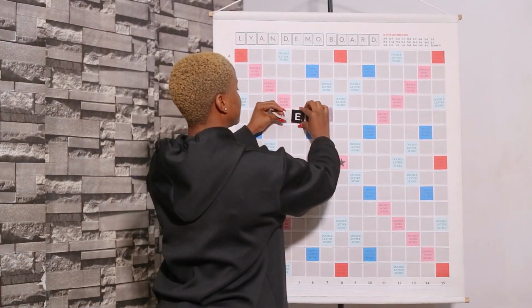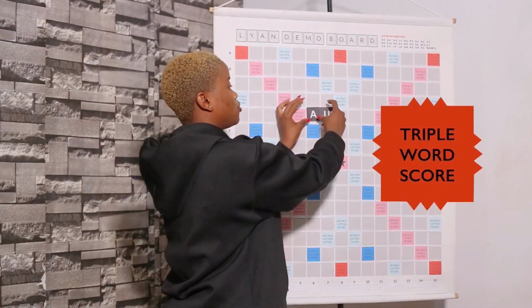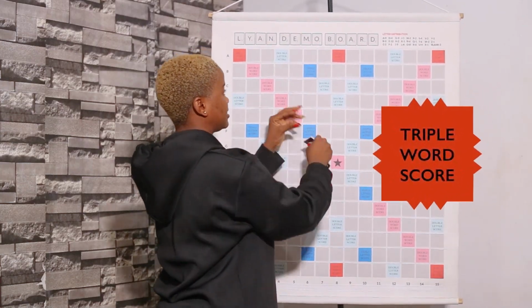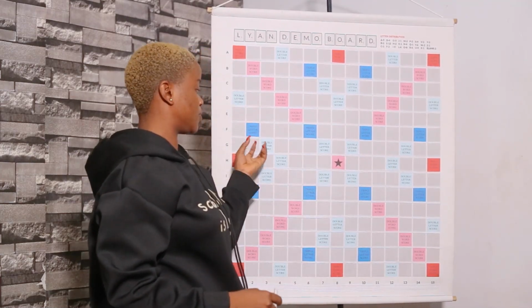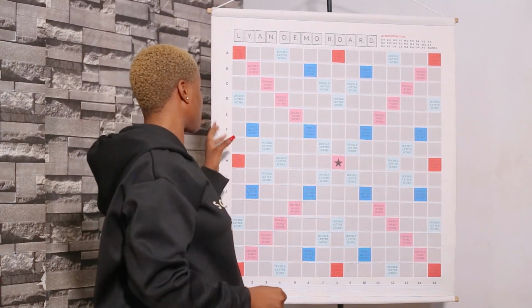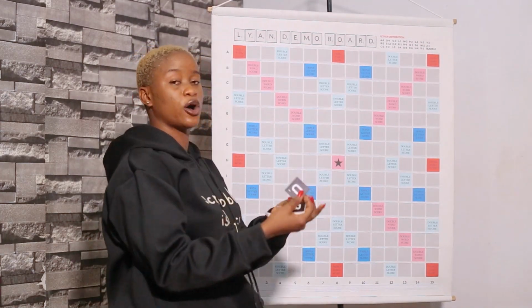Then we move to the triple word score. We only have 8 of the triple word score. We have 8 cells: 1, 2, 3, 4, 5, 6, 7, 8. So the triple word score, just as I explained the double word score, is your word times 3.